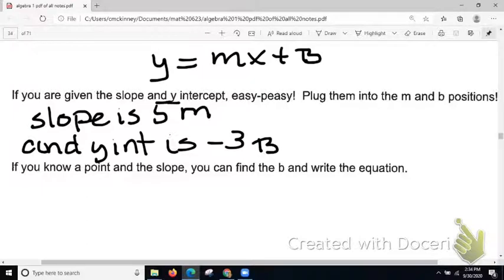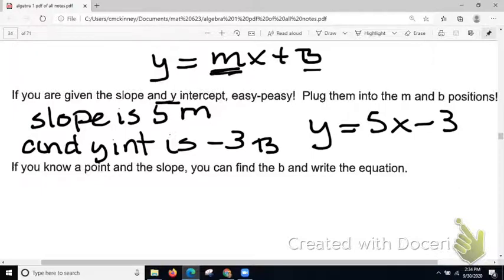So then I would just write y equals 5x minus 3. So I'm just replacing those two places. That tiny bit of information is going to get us a long way in S9. So we'll go over there and take a look so that you don't just have to trust me on that.